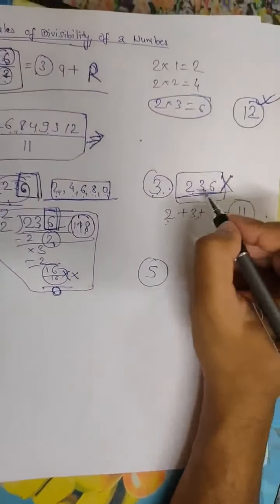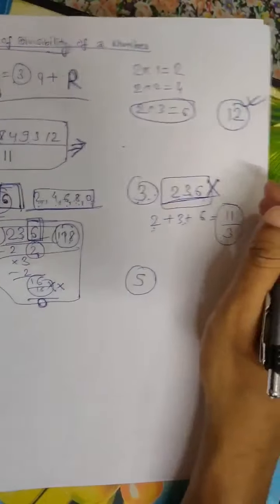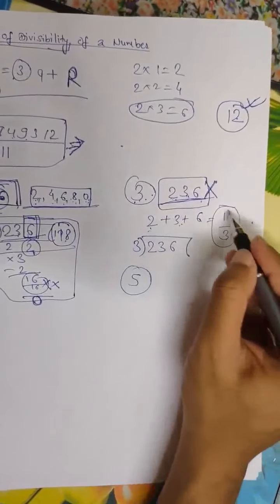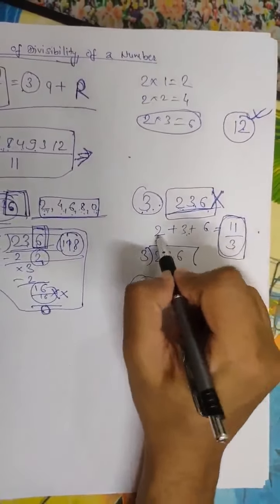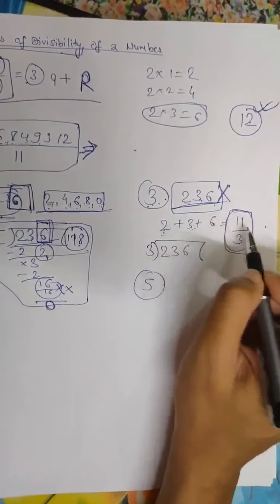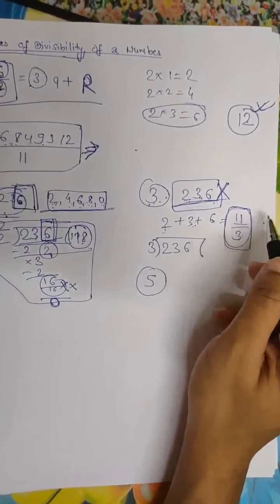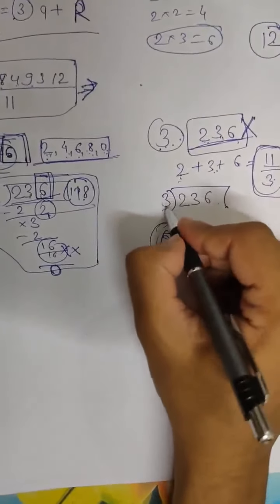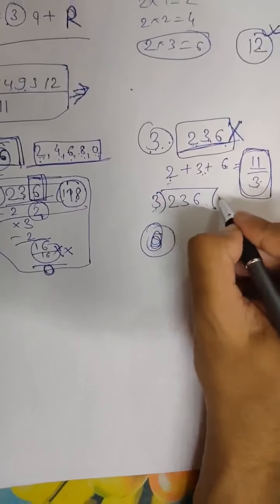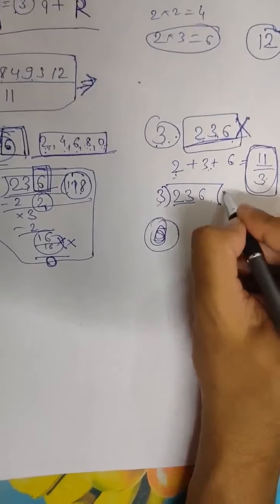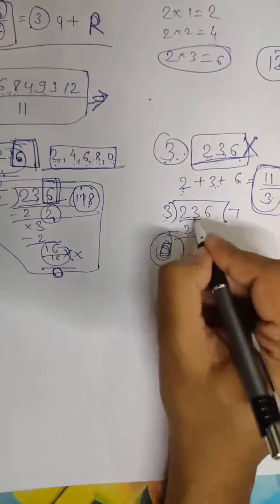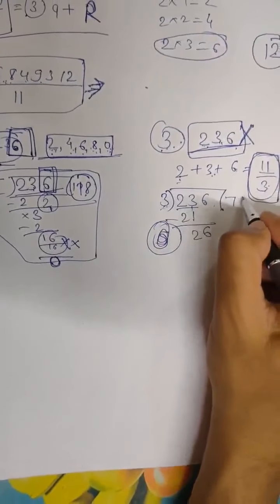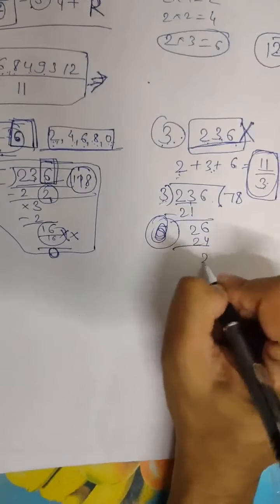I can show you also. 236, is it divisible by 3? It's not, because according to the rule 2 plus 3 plus 6 equals 11, and 11 is not divisible by 3, so the whole number will not be divisible by 3. But still I will show you if it's true or not. 3 sevens are 21, and we get 2 out here, and this brings down 6. 3 eights are 24, and 2 is the remainder.